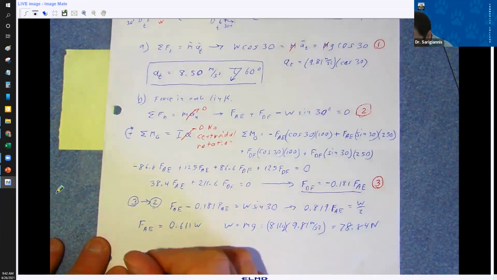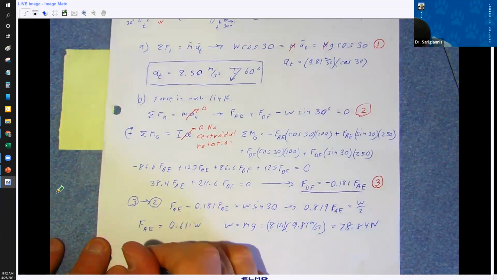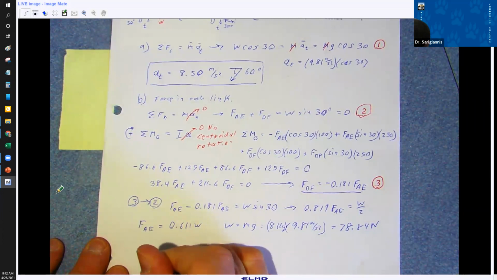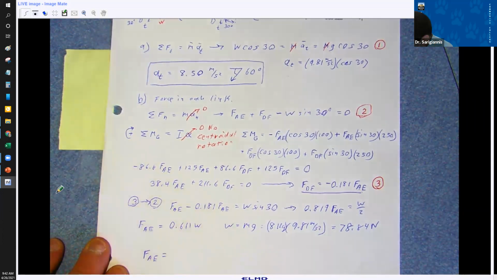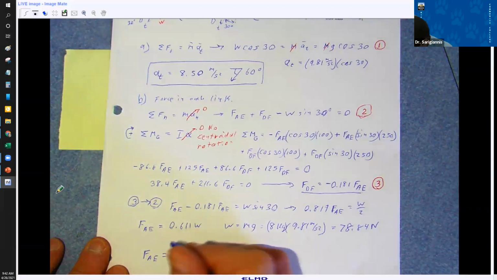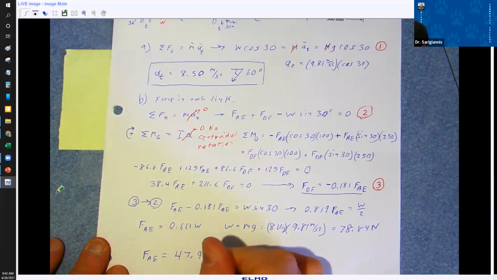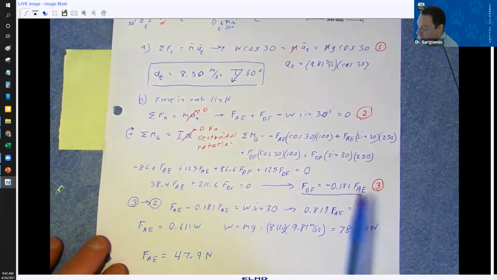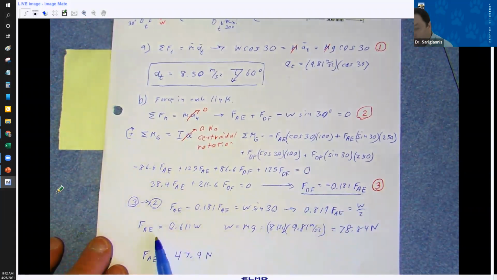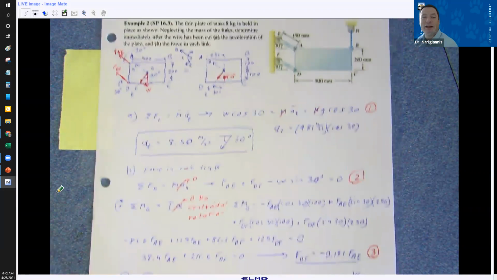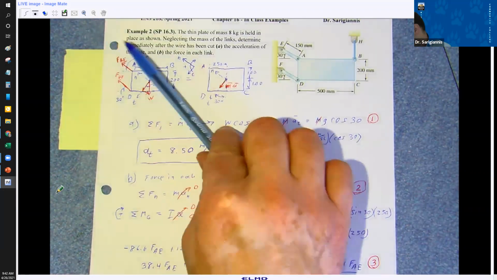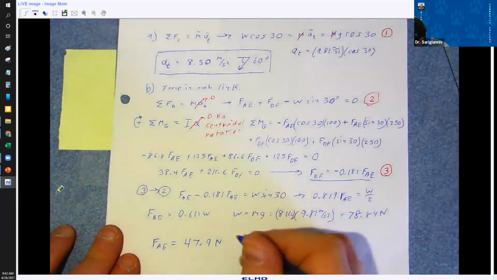Now, let's write this out here. FAE is 78.84 times the 0.61, so we've got 47.95 newtons. Now notice the directions. This came out positive, and we're treating it as positive in that direction, right? So we can say that FAE is under tension.